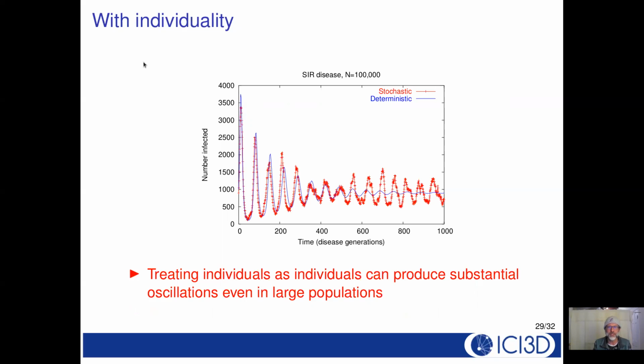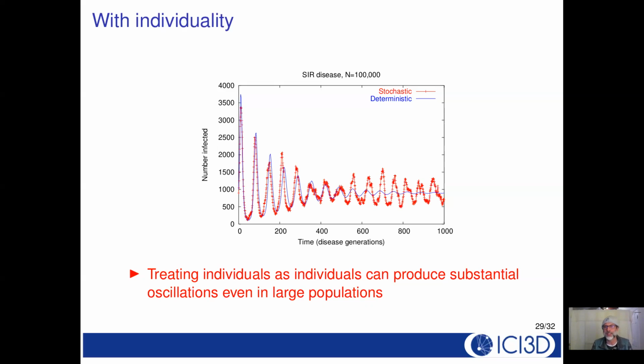And once we treat individuals as individuals, we find that there's no good way to make a simple deterministic model, because in our ODE model, we're saying, well, if I introduce one infectious person to the population, then maybe if R naught is greater than 1, then an hour later, there might be 1.05 infectious people and then 1.1 infectious people. Once we require these numbers to be whole numbers, there's really no simple, consistent way for saying, when does the number go up because there's an infection versus when does the number go down because somebody recovers.